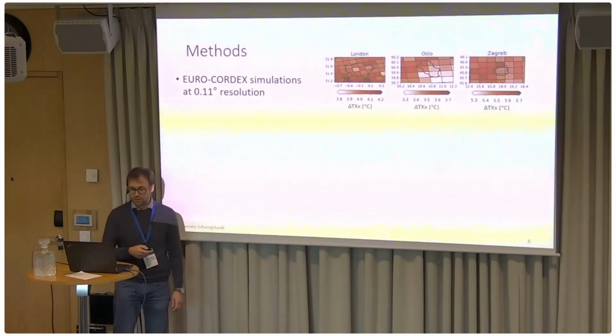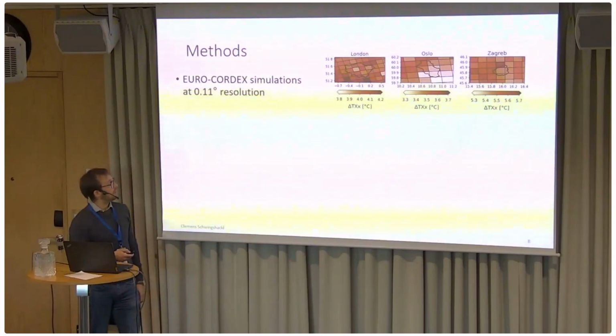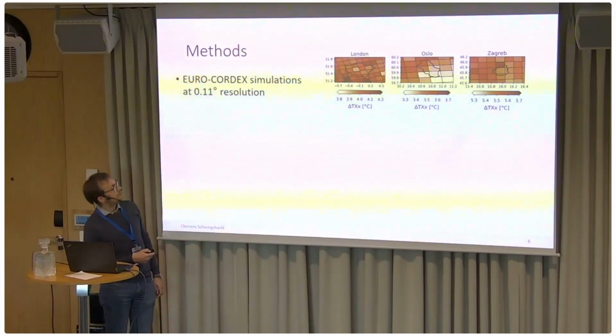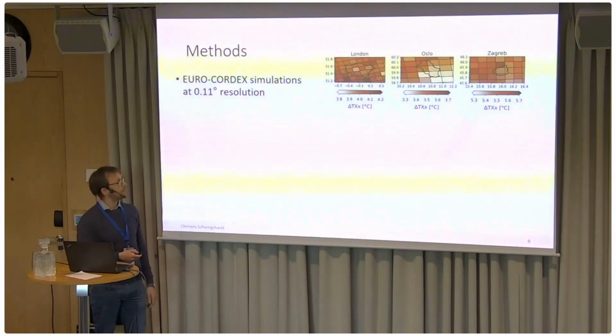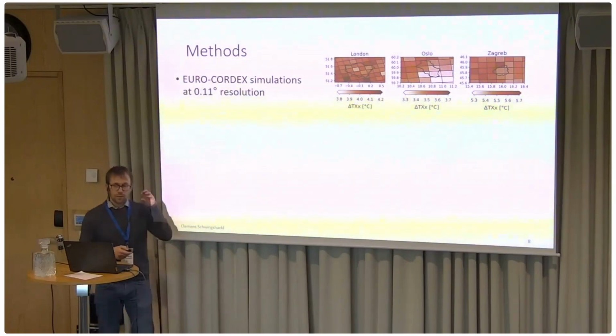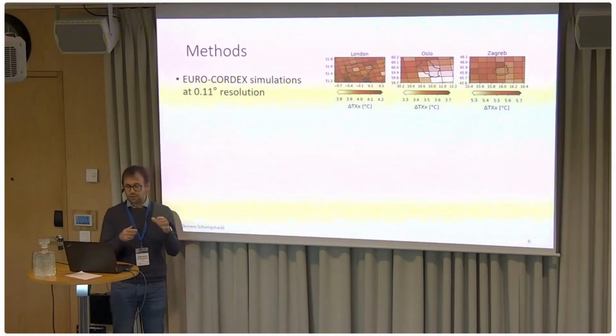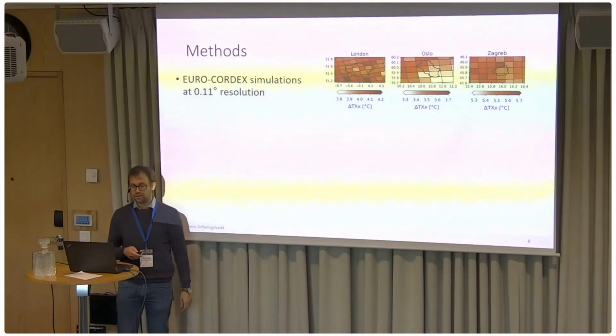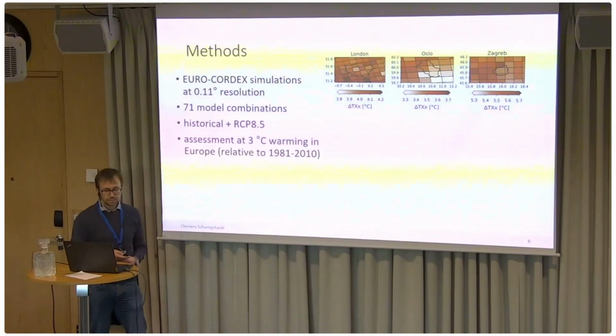As I said, we use these EURO-CORDEX simulations at 0.11 degree resolution. This is the typical resolution of these models. For London, for example, you have several grid cells within the city boundaries, and for Oslo and Zagreb, you have at least 1. We always use the grid box that lies closest to the city center for each of the cities.